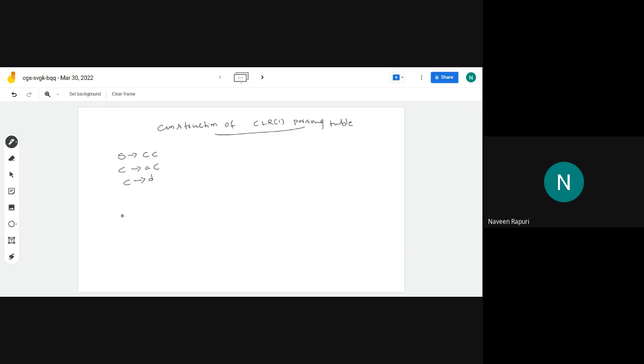For this grammar, if we write the augmented grammar, we take a special symbol S' and with that we produce a production, S' derives S, and everything else remains the same: S derives CC, C derives aC, C derives d. So this is the augmented grammar for the given grammar.